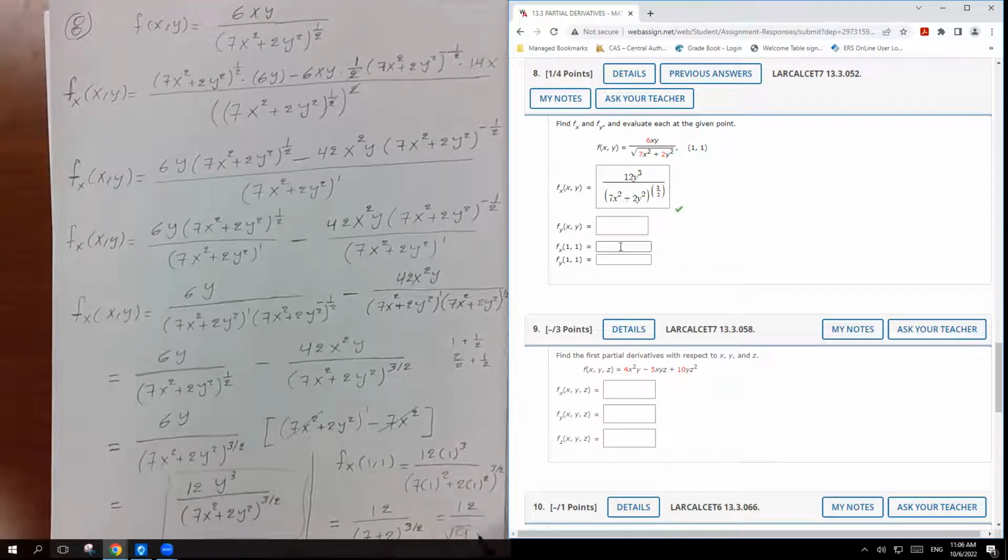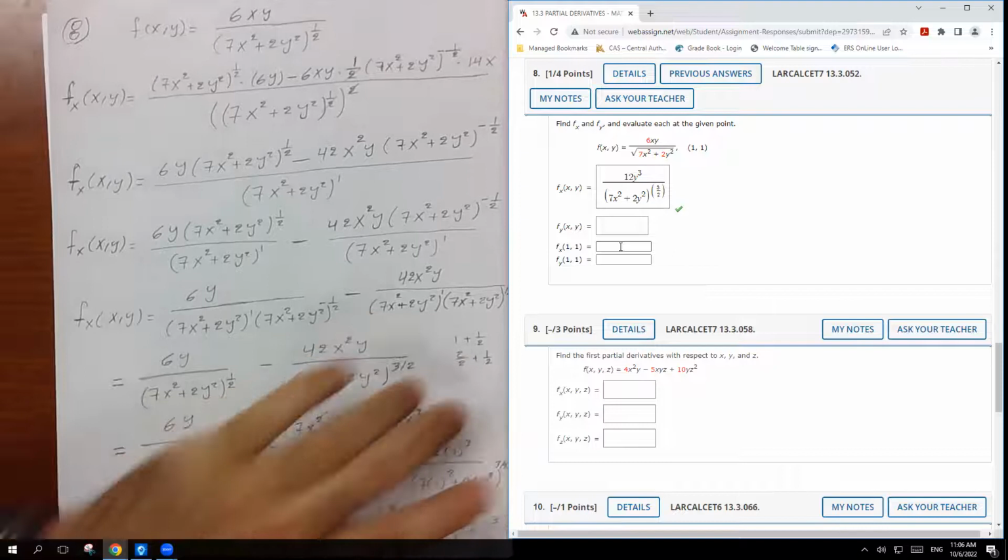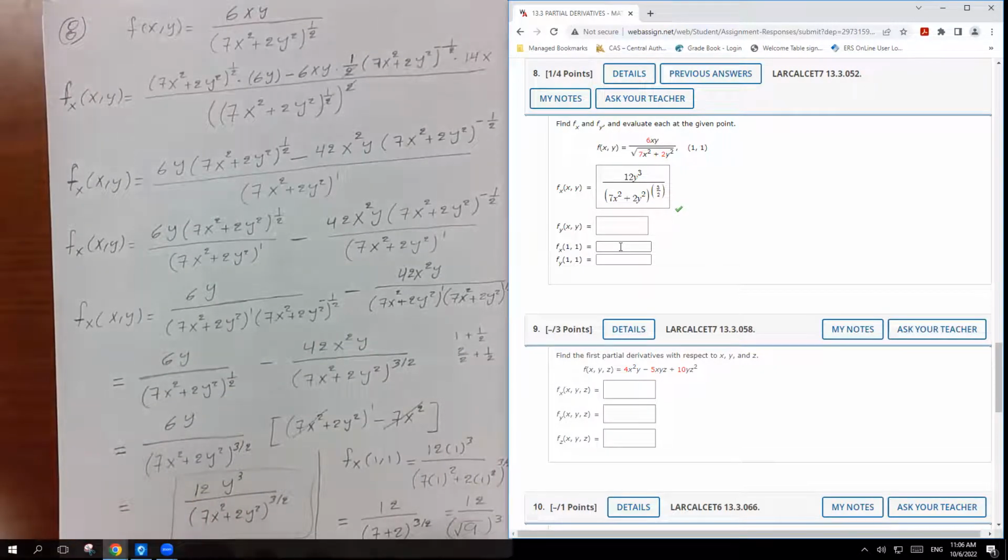That means you're going to say square root of 9 cubed. So it's going to be 12 over 9, the square root of 9 is going to be 3, cubed is going to be 27. Let's check that.